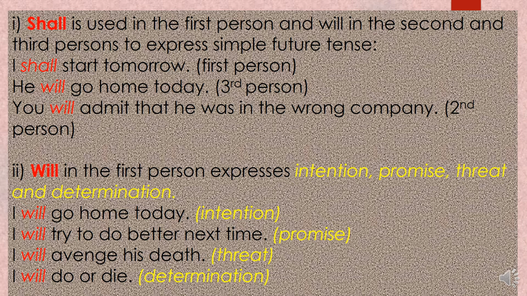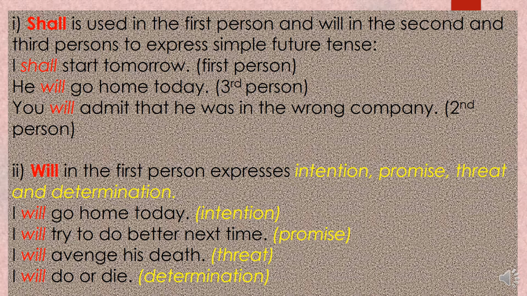Okay, you have got that shall is used for simple future tense, and will is used for simple future tense for second and third person. Shall is used for first person, and will is used in first person to show some strong futures, to show your intention about something, to promise about something, to make a threat, to show your determination.